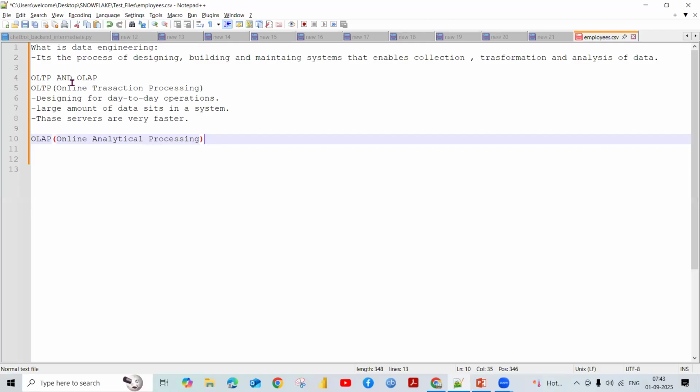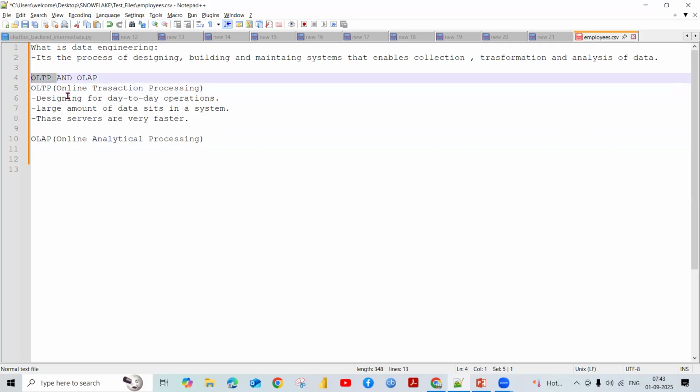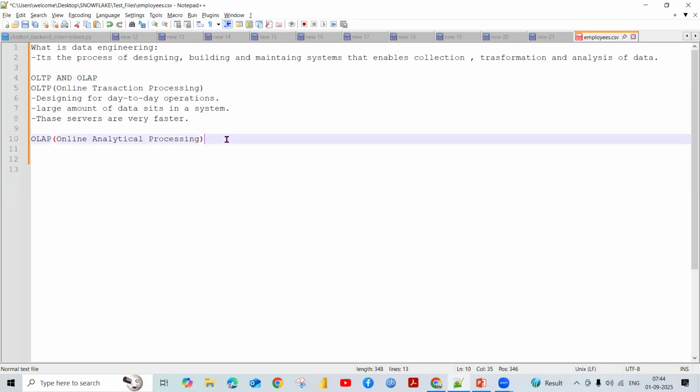In OLTP, the data sits in tables, using minimal tables. In OLAP, online analytical processing, we do analysis, meaning analytics jobs. If a business is running, you want to know where my business stands as of today. You need to compare month over month, or compare with other businesses, or compare many products and how my products are performing. Those kinds of things relate to analytics.